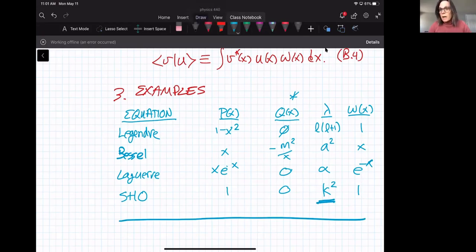Anyway, bottom line here is that we can take our second order differential equation, make it a self-adjoint operator, and then use the tools that we've used for self-adjoint operators to make eigenvalue problems that are generally easier to solve than solving a differential equation. So again, we're trying to avoid calculus.